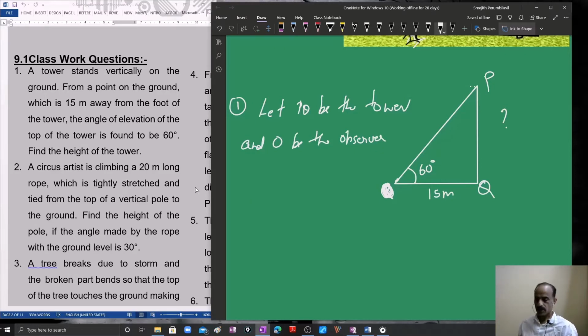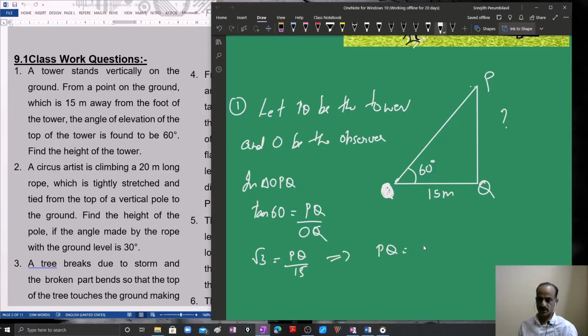So now in this triangle OPQ, we have to relate the unknown with the known, that is, the opposite side with the adjacent side. Tan 60 is equal to PQ divided by OQ. That is, root 3 is equal to PQ divided by 15, which implies PQ is equal to 15 root 3 meters.